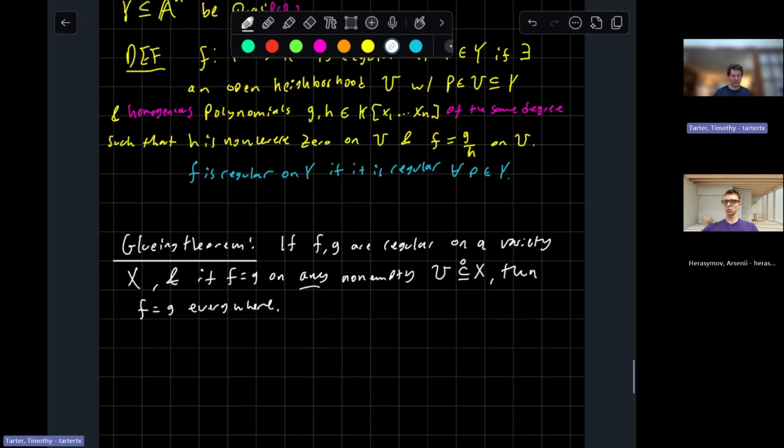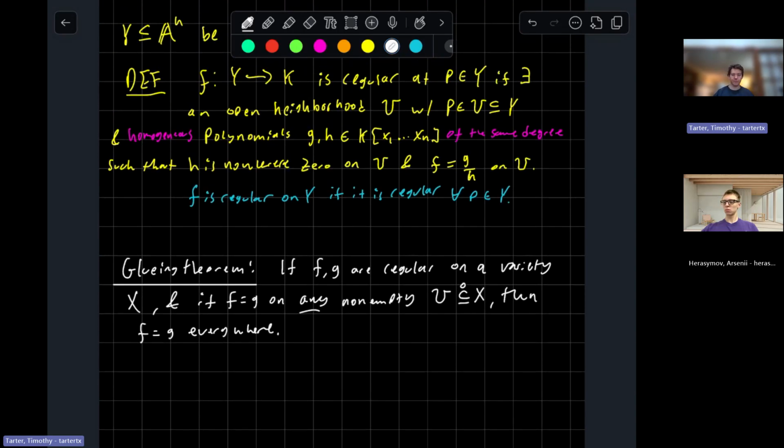And this kind of falls out of the definition. But it's really cool. If two functions agree on an open subset of a variety, then basically they agree everywhere. And that's cool.